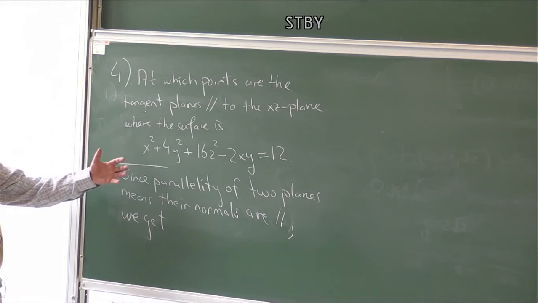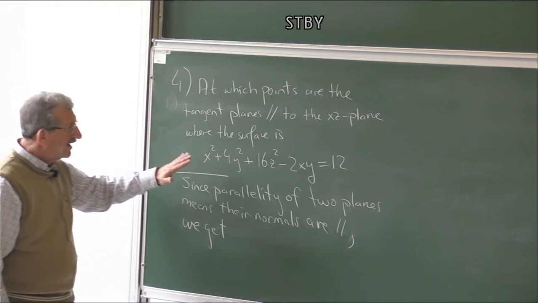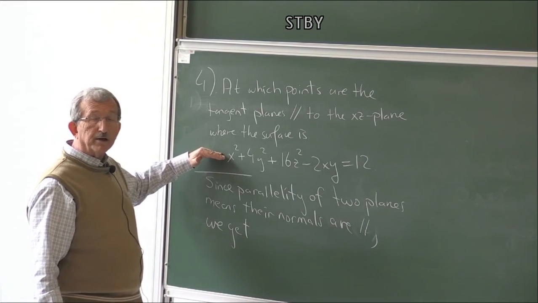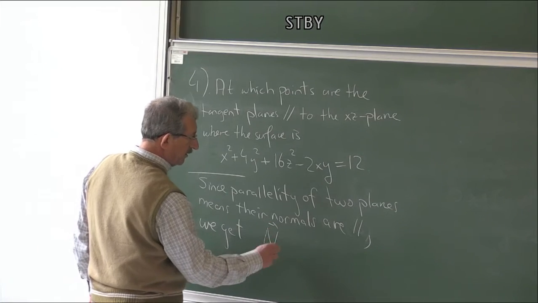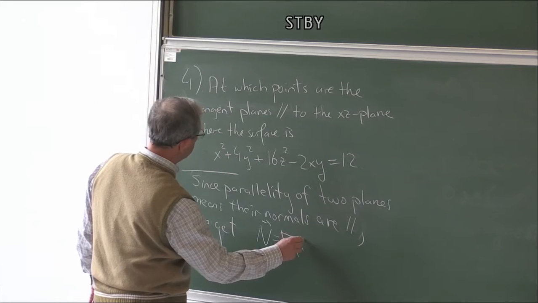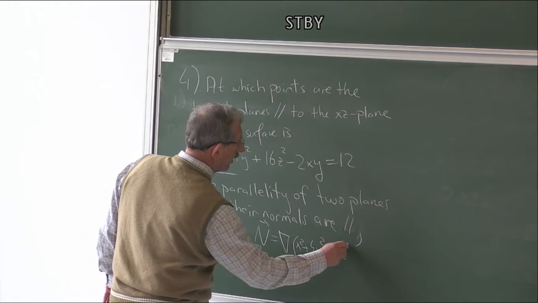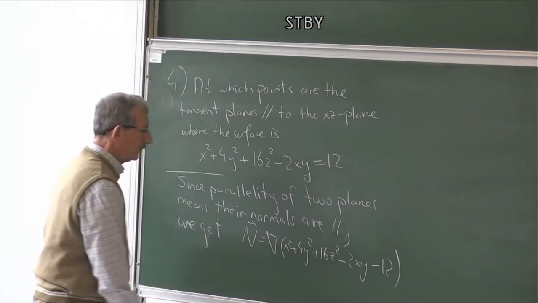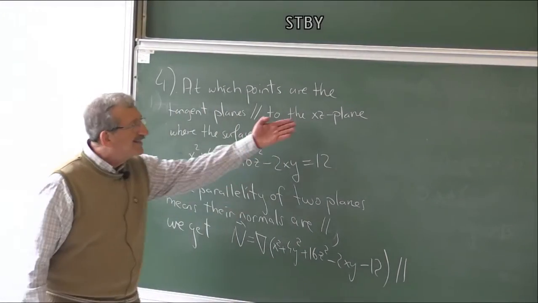At the point x, y, z, the normal to the tangent plane drawn to this surface, well, we know it's the gradient. We get n, that is the gradient of f, that is x squared plus 4y squared plus 16z squared minus 2xy minus 12, is parallel to the normal of the xz plane.